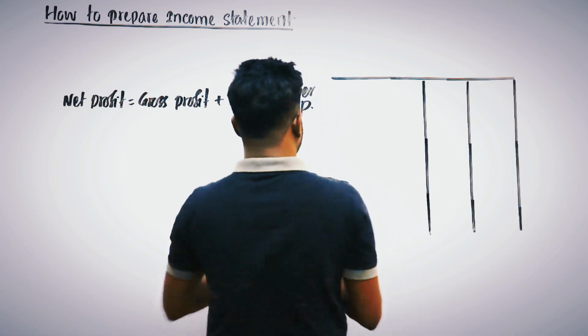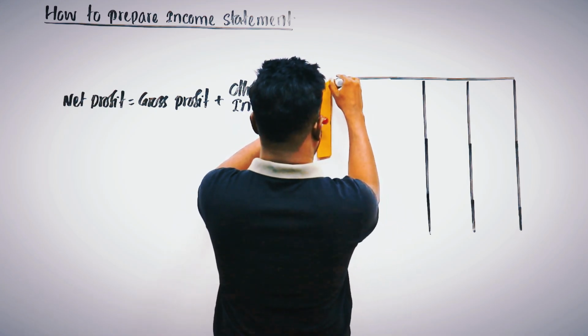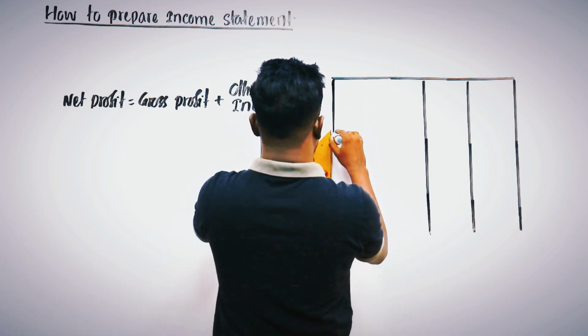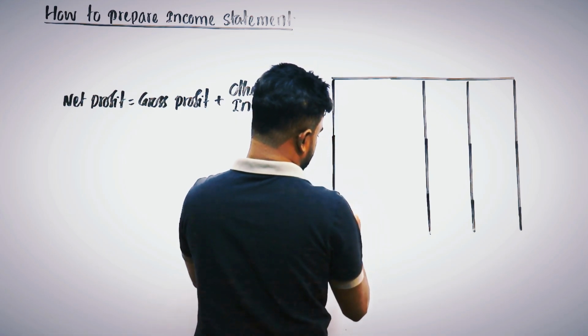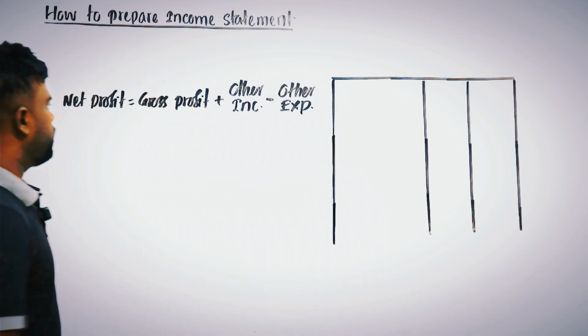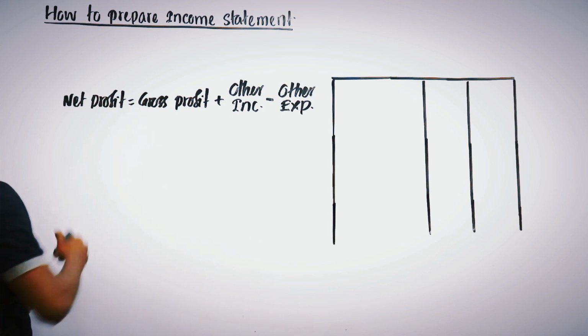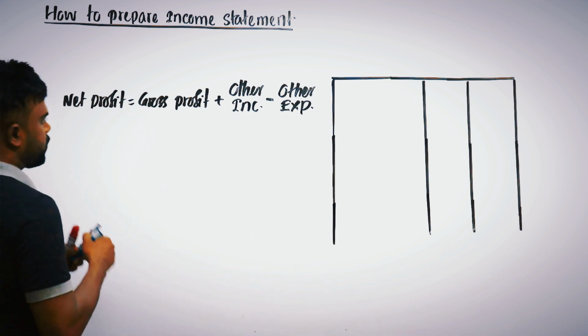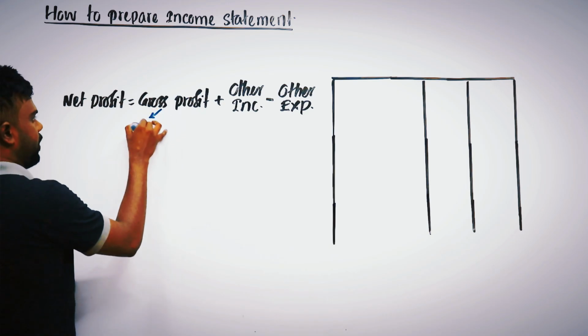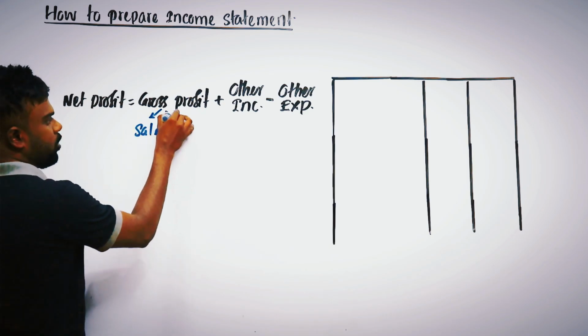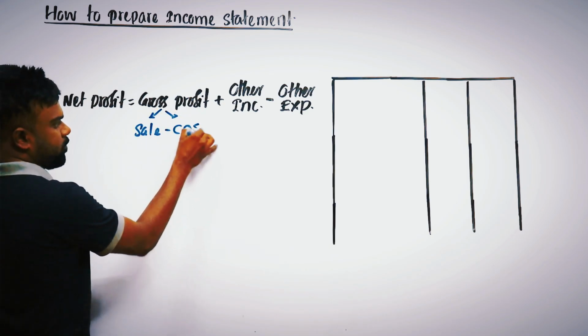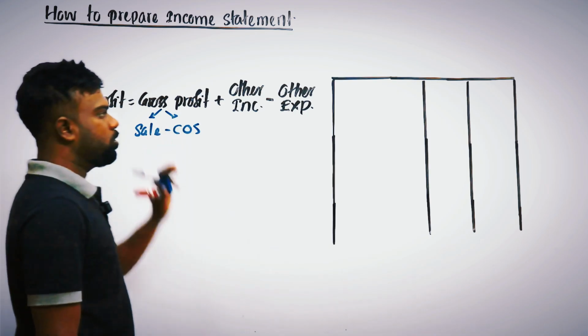First of all, this is the income statement. First of all, you have to present the difference between main income and main expense. And how to calculate gross profit? Gross profit is calculated as sales minus cost of sales. Cost of sales means COS.